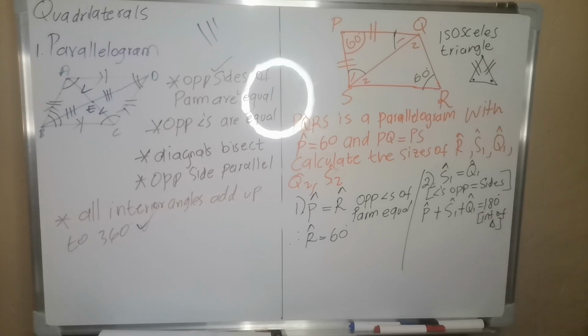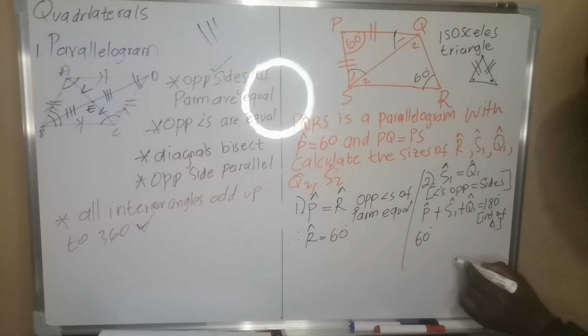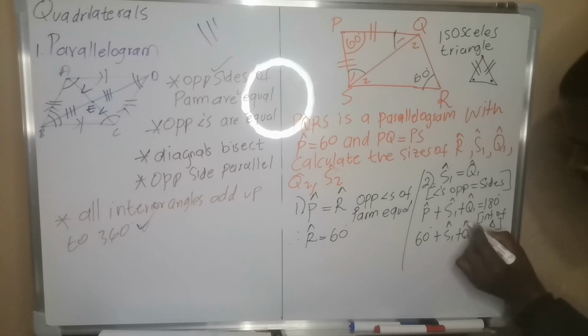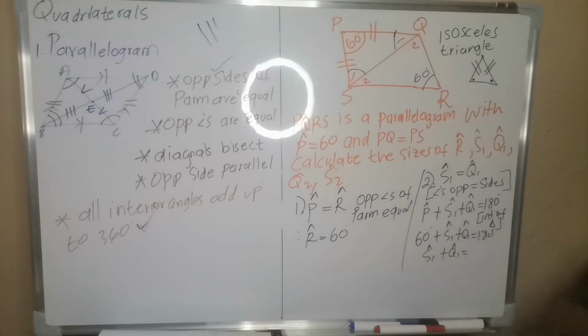Then for angle P I have 60 degrees. What is the value of S1? I don't know. S1 plus Q1 equals 180 minus 60, which is 120.